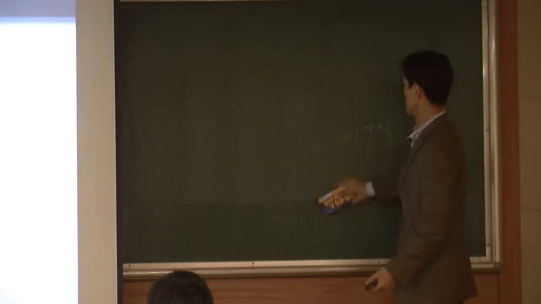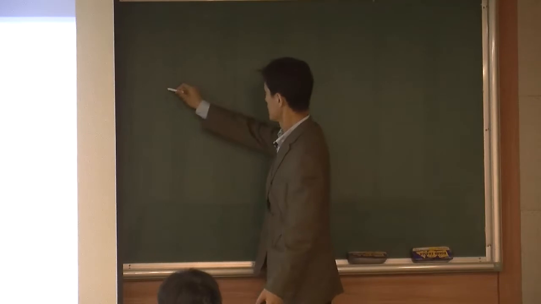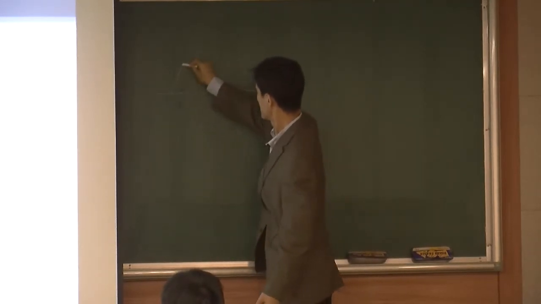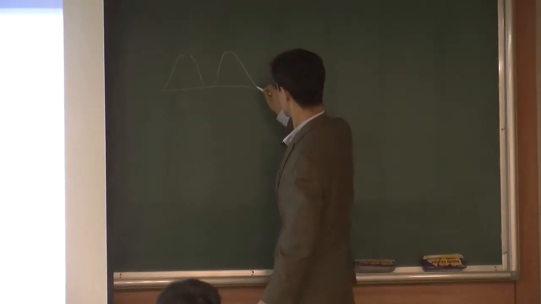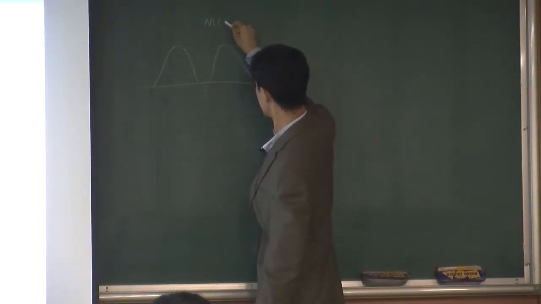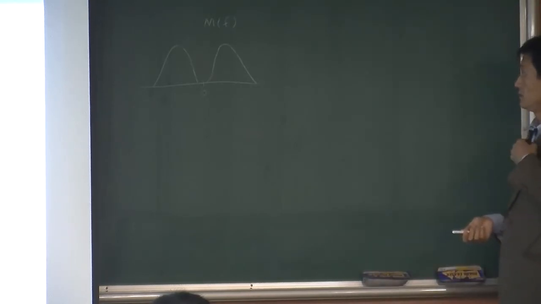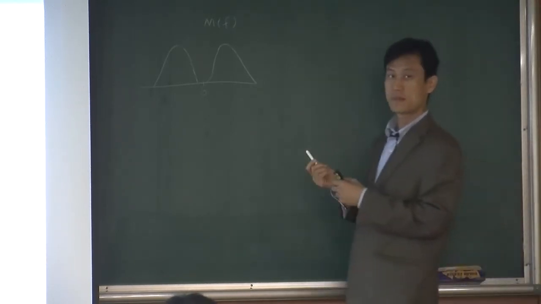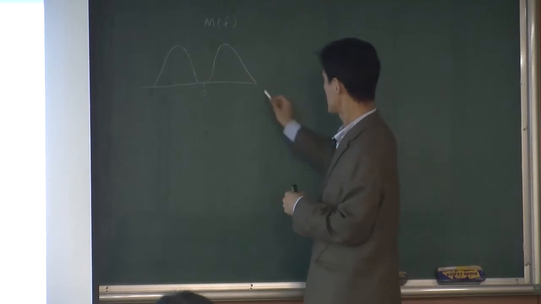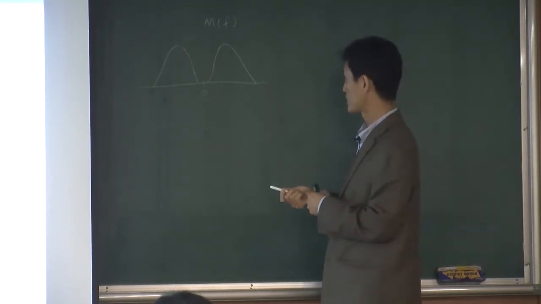So let's think about it that way. If our original message looks like this, that's our original message M(f). Now using this original message, what we want to do is create a single sideband spectrum.